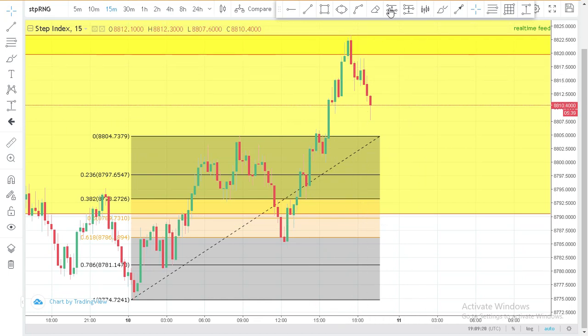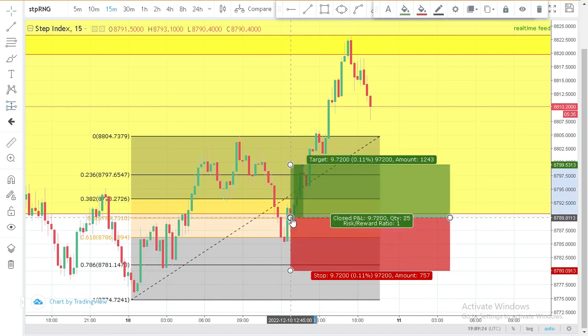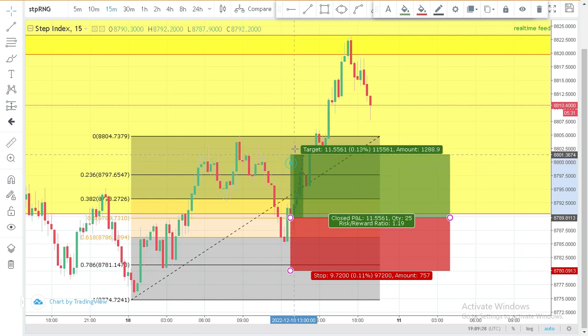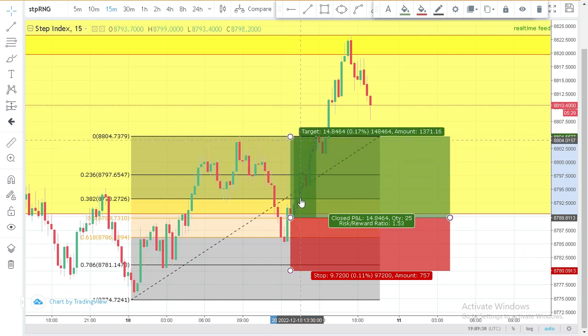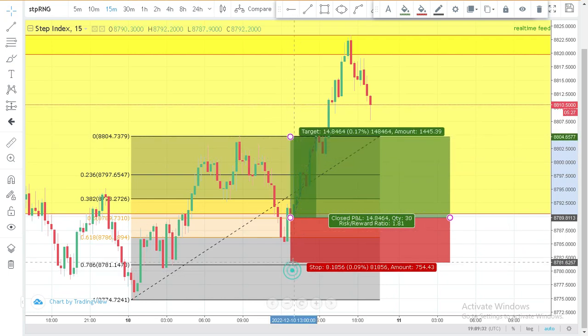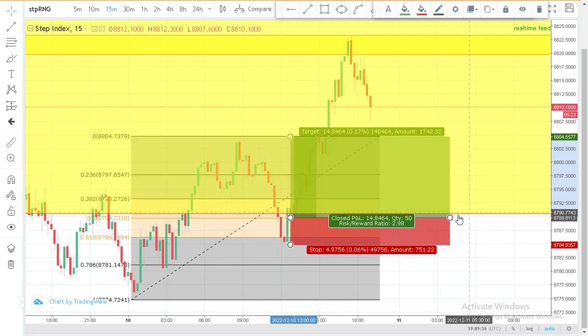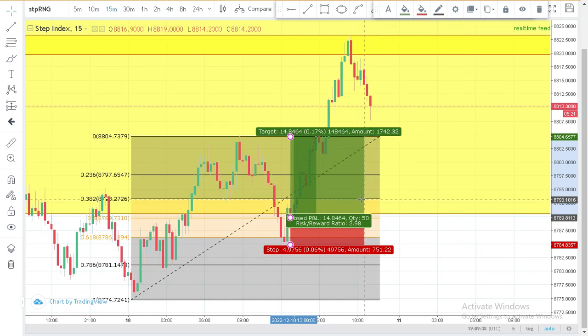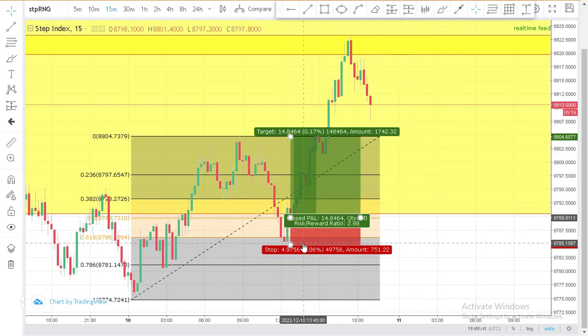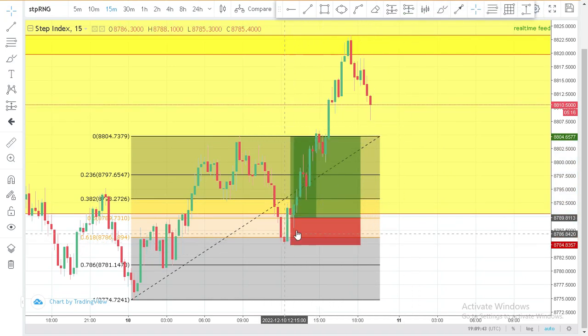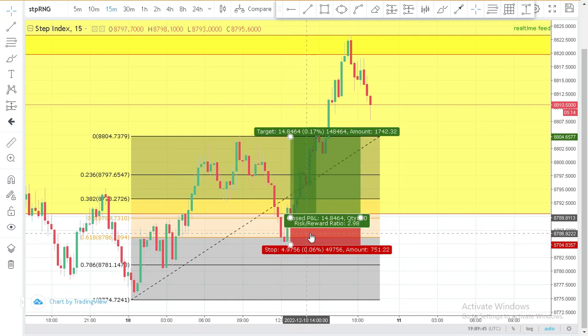If I was looking for scalp trades, I was going to place my entry there. Take profit is obvious, the previous high, then place my stop loss here. Why am I placing my stop loss here?